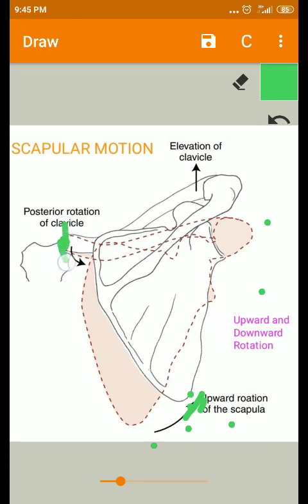That means posterior rotation, and it again comes to its normal position, anterior. Also by the sternoclavicular joint elevation and depression, and by the acromioclavicular joint upward and downward rotation. In the AC joint, upward and downward rotation.